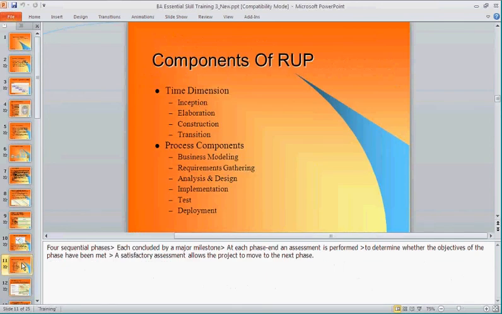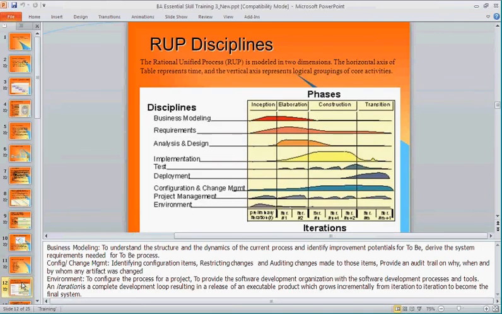It doesn't mean that it is not there. It is just that it is not a software engineering workflow. Are you clear? So if you are asked about the disciplines or the process components, you must list that we have the engineering workflows and the supporting workflows. List everything. There are 9 of them in all.